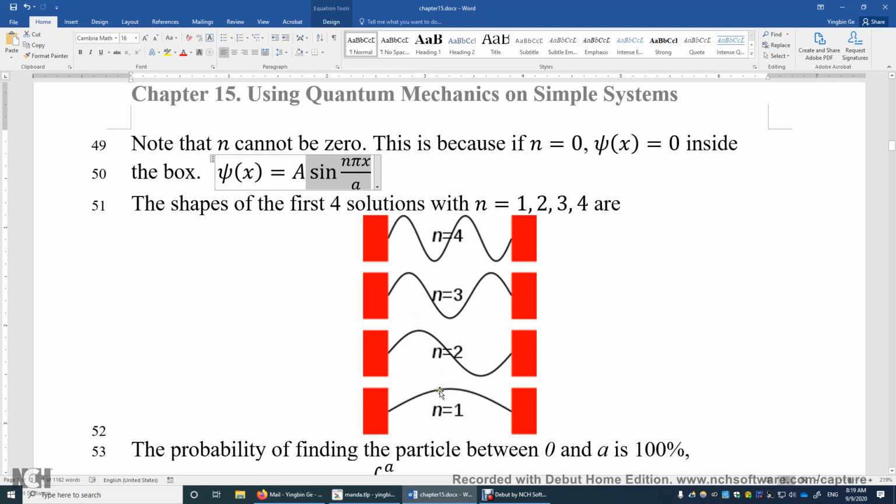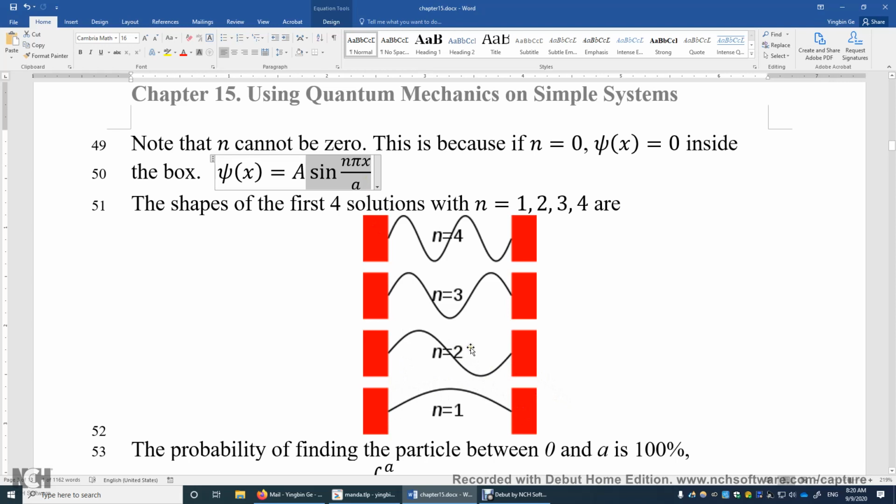That's the maximum value of the sine function. So we have a maximum here. Also, you can see when x is between 0 and A, we are looking at sine pi times x over A. It's going to be sine 0 to pi, so the angle is between 0 to pi. It's always positive inside the box.